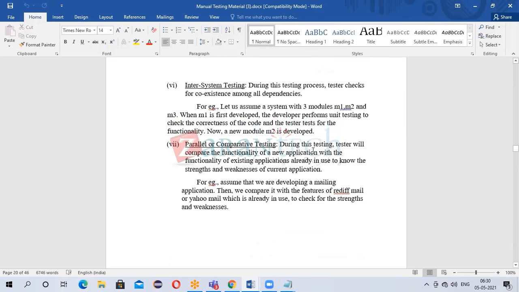During this testing process, the tester checks for coexistence among all dependents. Coexistence is nothing but correlation among all dependents.